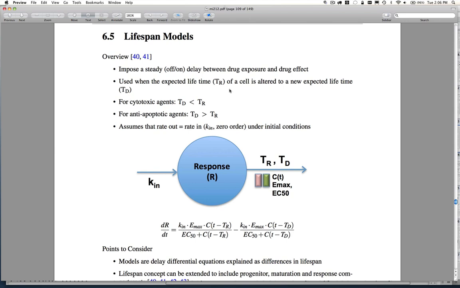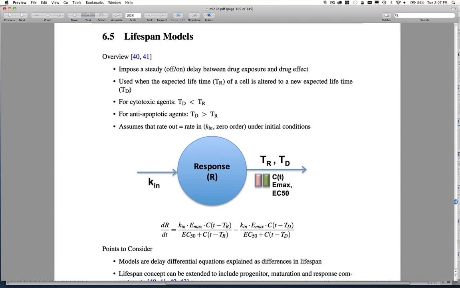These TR and TD: TR is the normal expected lifespan of a cell, for example, and TD is the new expected lifetime. And you're more or less just offsetting the differential equation below based on the relative size of TR to TD.